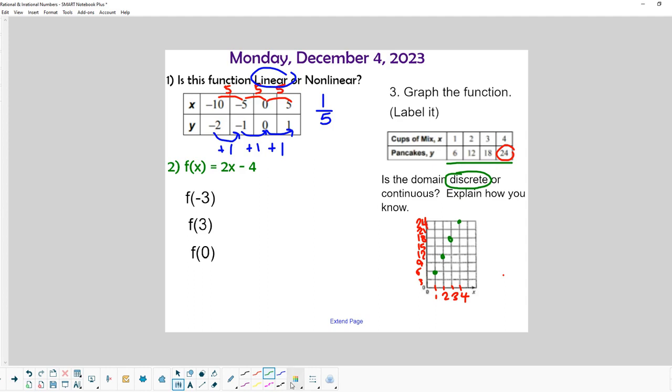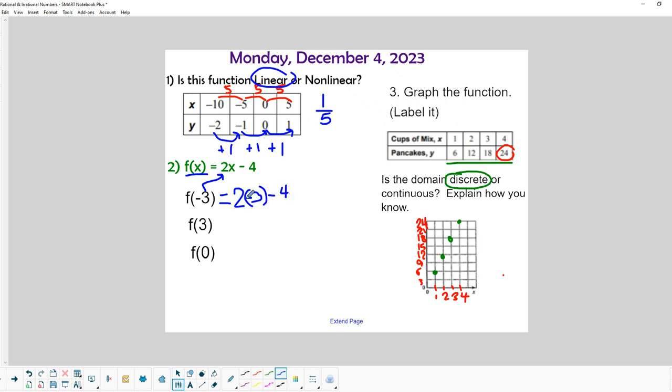Now this last one, you'll recall that when we started using function notation, this just told us that we could now evaluate this function by putting this number in for x each time and seeing what it equals. So we've got 2 times -3 minus 4.